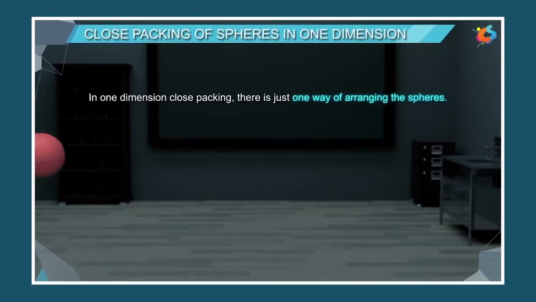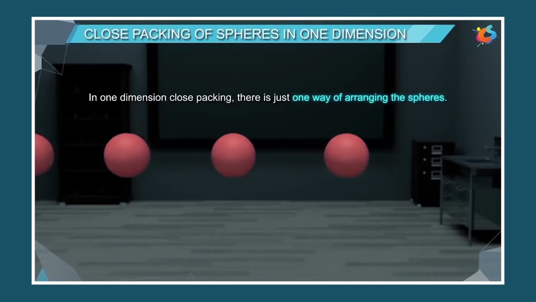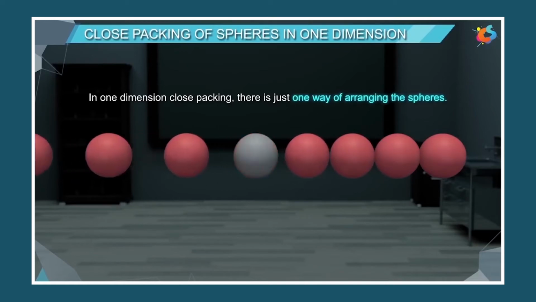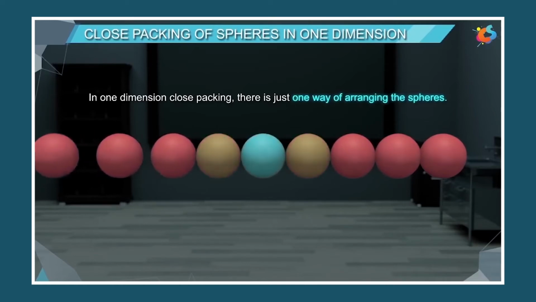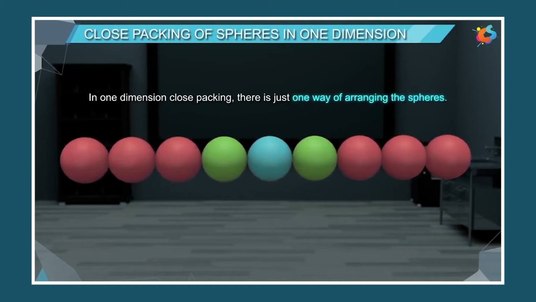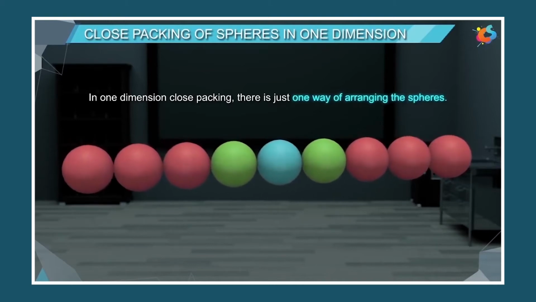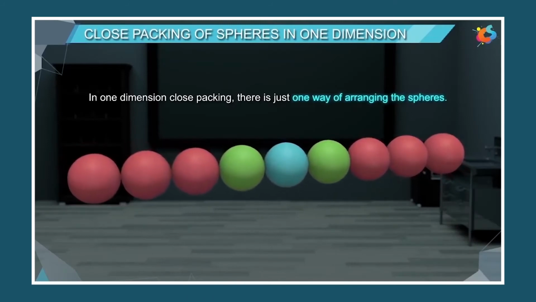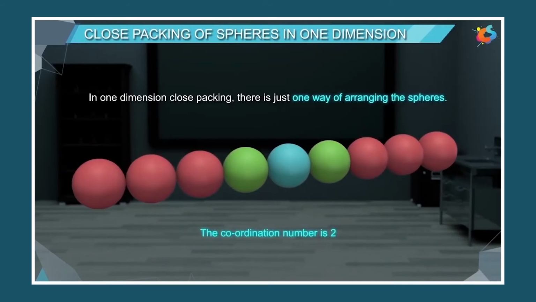There is only one way of arranging spheres in a one-dimensional close packed structure, that is to arrange them in a row, touching each other. In this arrangement, each sphere is in contact with two of its neighbors. The number of nearest neighbors of a particle is called its coordination number. Thus, in a one-dimensional close packed arrangement, the coordination number is 2.